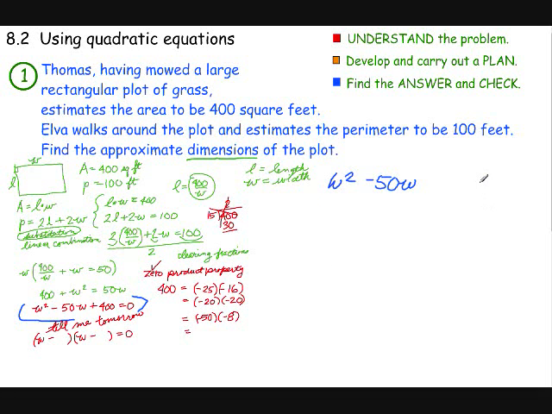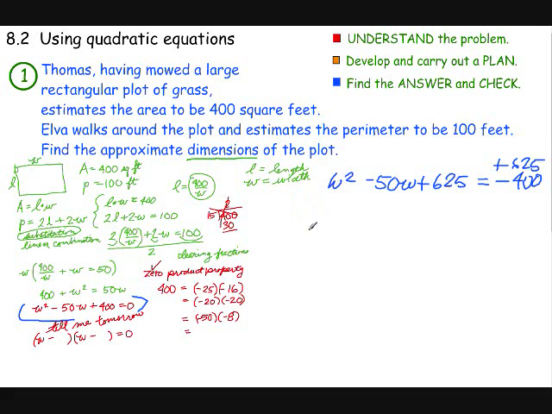I'm actually going to move it to the other side. So I'll save myself a step. I'll subtract 400 from both sides, minus 400. Now, what do I need to put in here? Half of 50, which is 25. 25 squared is plus 625. And what I do to one side, I have to do to the other side.